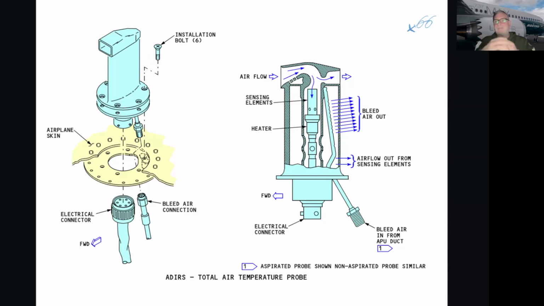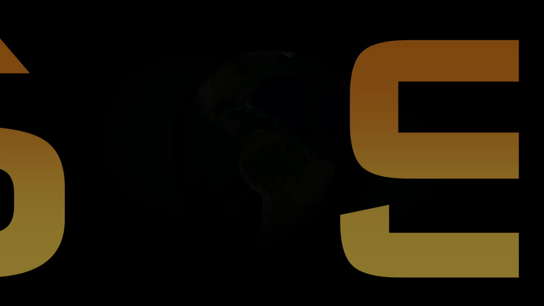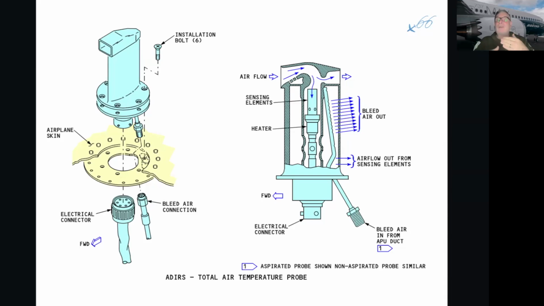Okay, we have to become as efficient as possible. Now, the temperature has to be known to the engines, to the ECUs, to the ECs, because it's integral to the calculation of how much fuel is required.